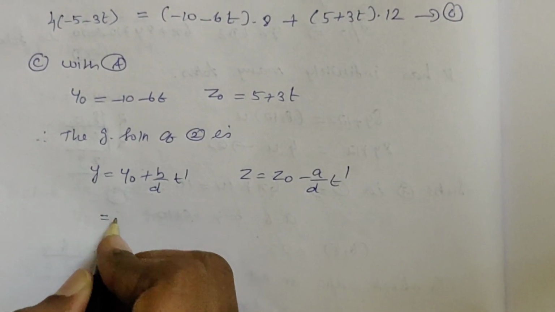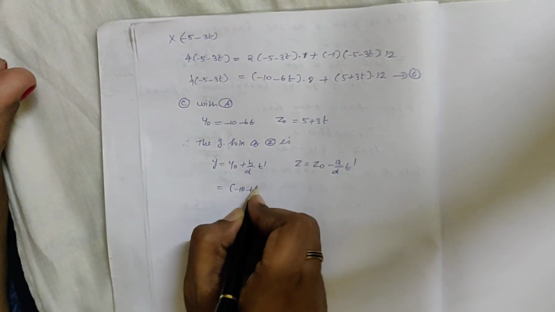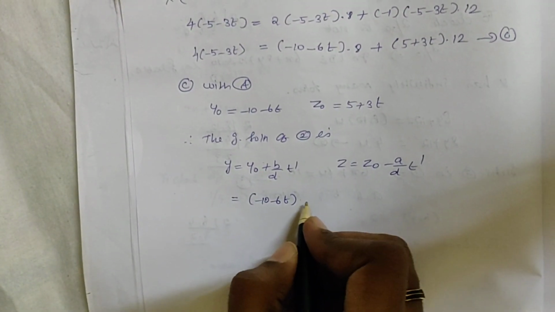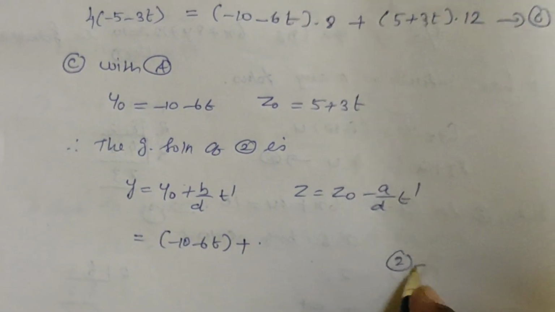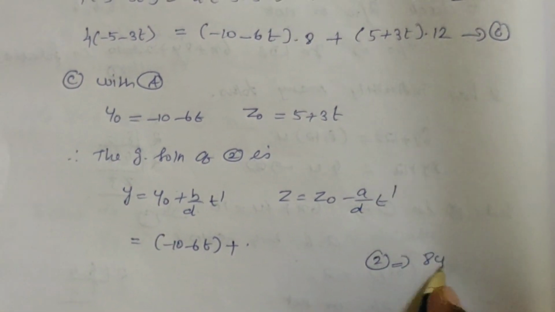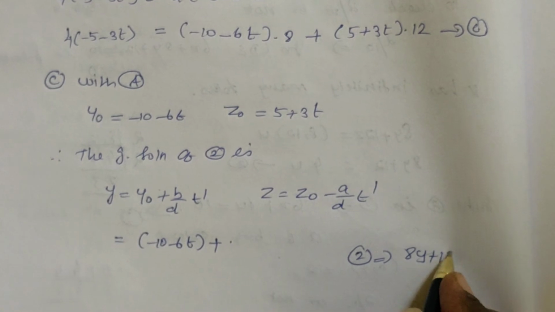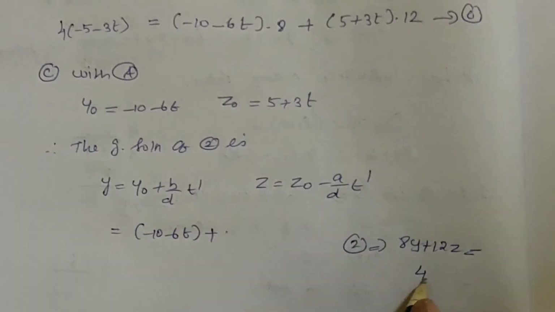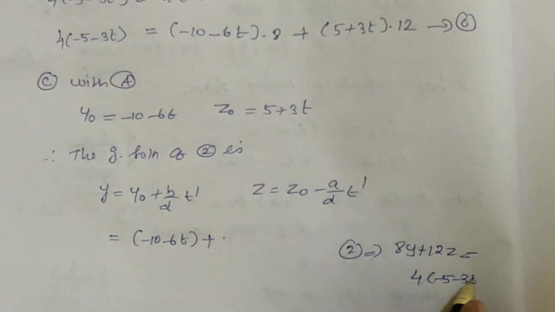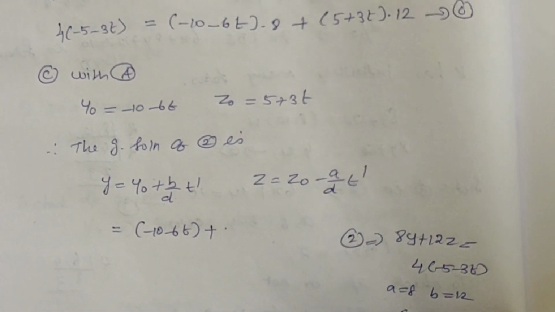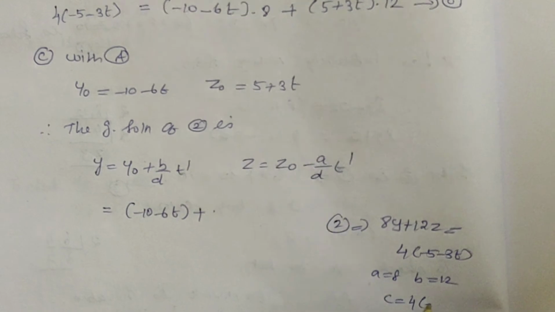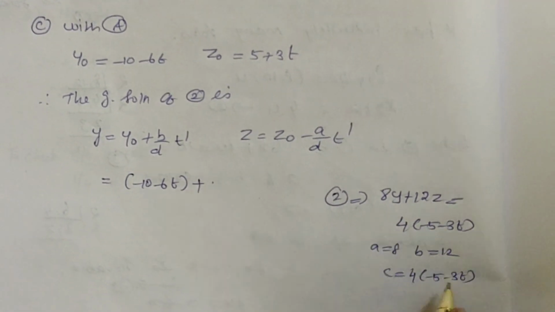Here y naught value is minus 10 minus 6t and in equation number 2, that is 8y plus 12z equal to 4 into (minus 5 minus 3t), here a equal to 8, b equal to 12 and c equal to 4 into (minus 5 minus 3t).